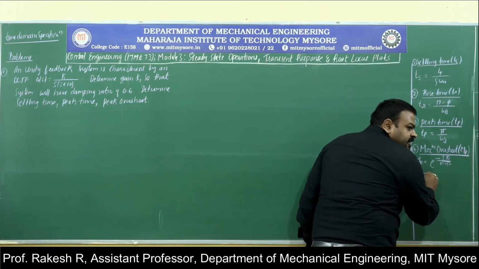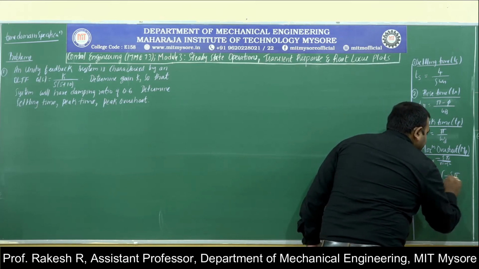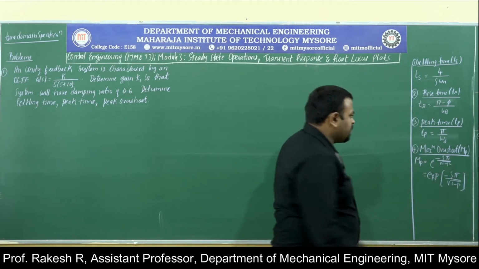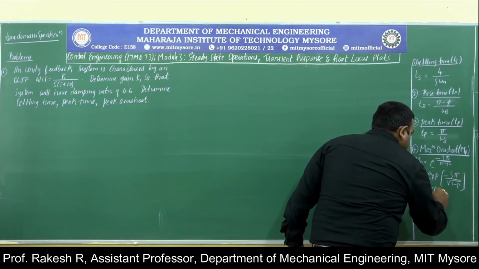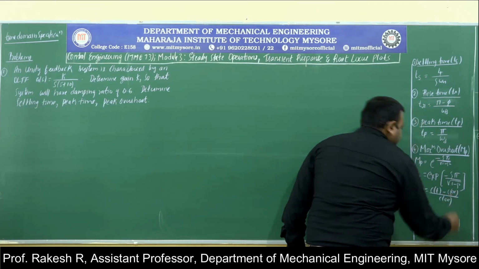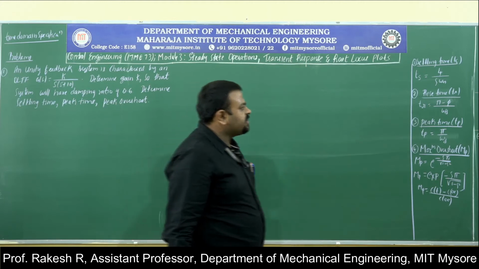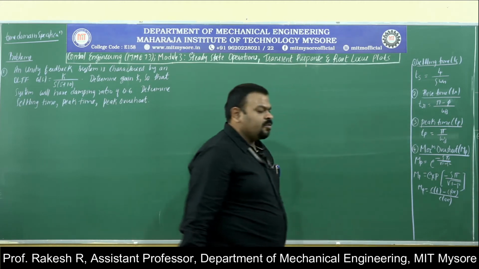For better understanding, I will write it like this: exponential of minus zeta into pi divided by square root of 1 minus zeta square. Also, maximum overshoot can be calculated using C of t minus C of infinity divided by C of infinity. That means transient response, time response, minus steady state. That is also how we can get the maximum overshoot.